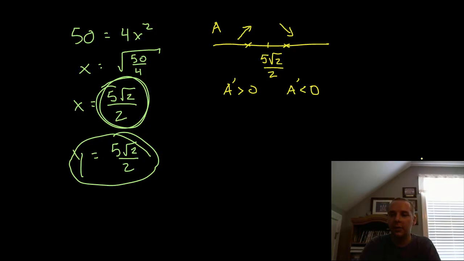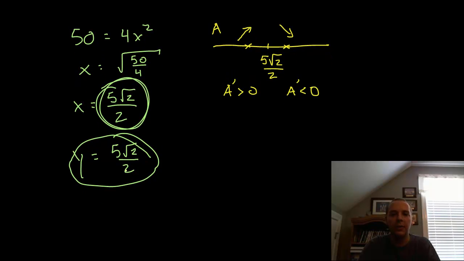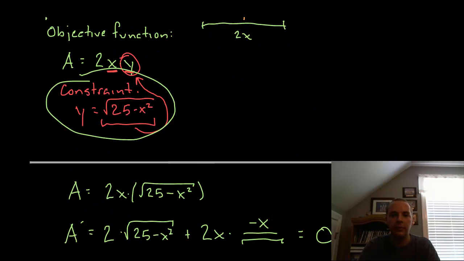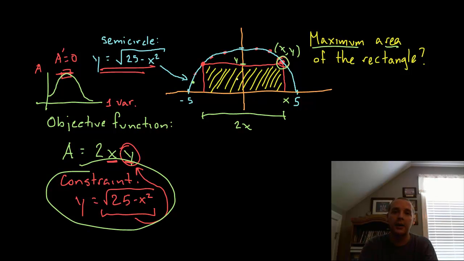So I'm not going to take the time to go through and do that algebra, but these would be the dimensions of the rectangle that gives you the maximum area.